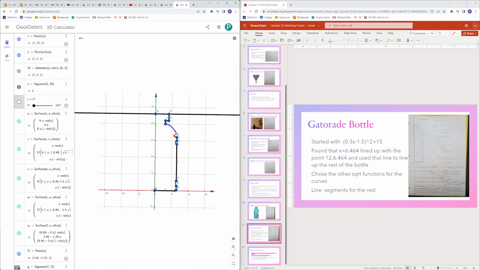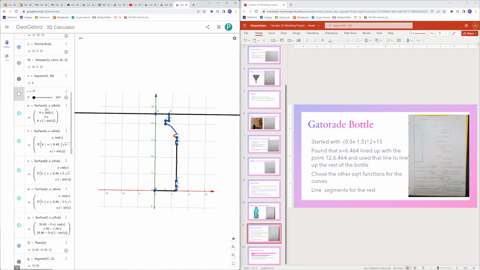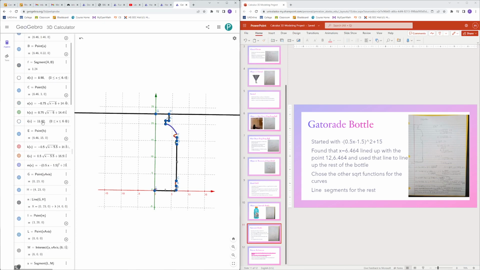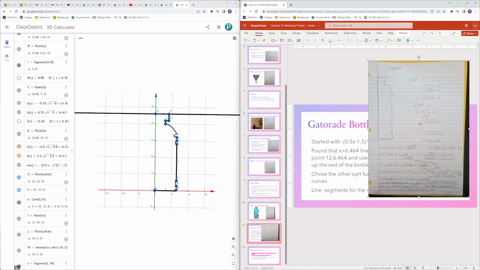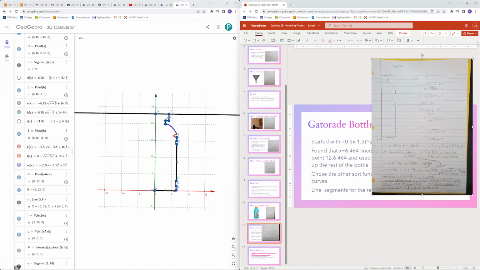So I started with this function right here. I figured it was best to start with the main curve of the function. The function I started out on was negative 0.5x minus 1.5x. Let me zoom in a little bit. And I originally started off with it being plus 15, and that would leave it somewhere around here.